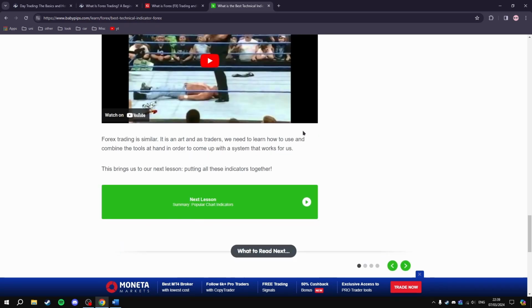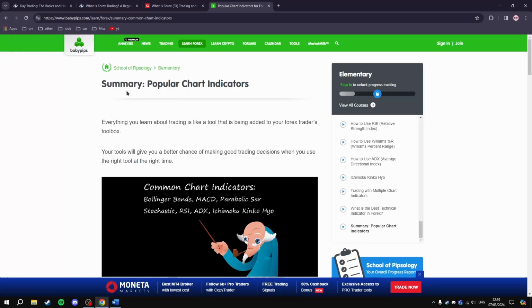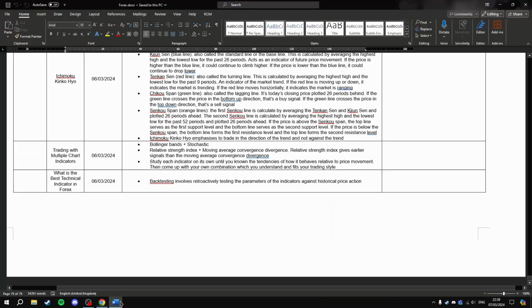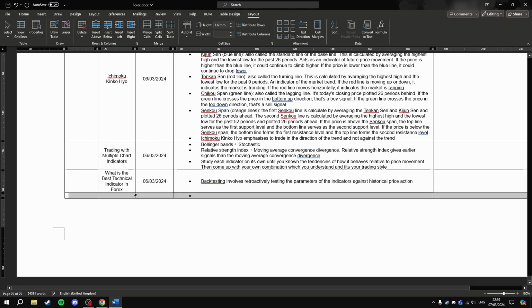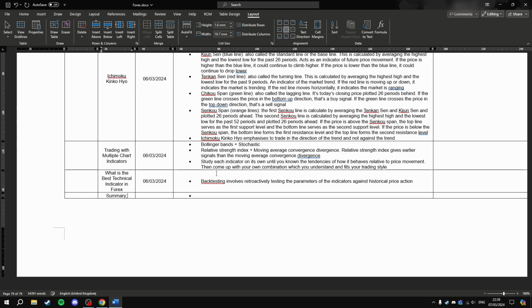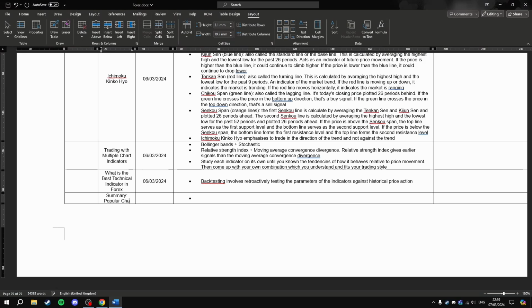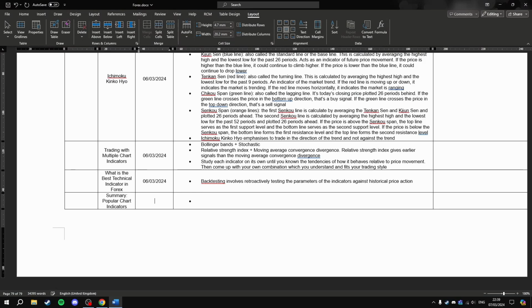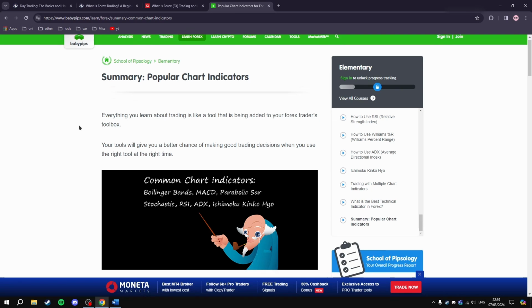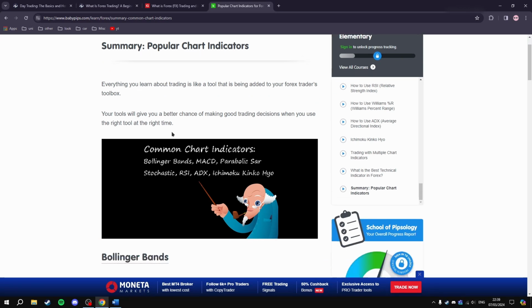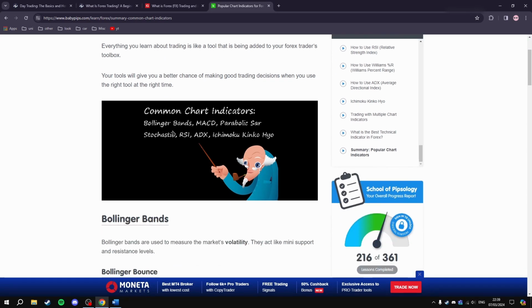So now we are currently on summary of popular chart indicators, just summarizing everything we've done so far regarding technical indicators. Everything you learn about trading is like a tool that is being added to your Forex trader's toolbox. Your tools will give you a better chance of making good trading decisions when you use the right tool at the right time.